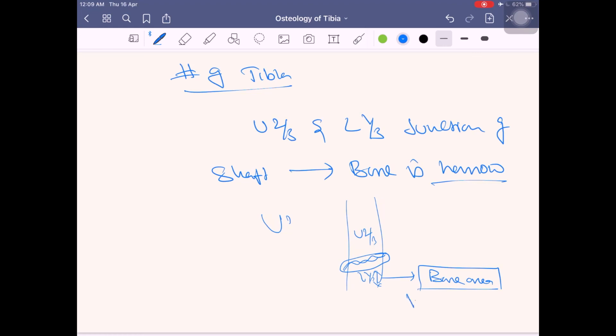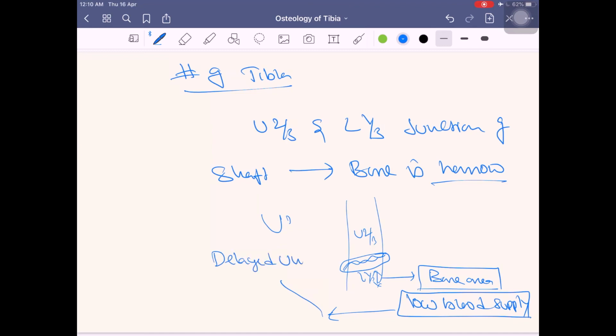Because of the low blood supply, fractures in this lower 1/3 are prone to late union. We call it delayed union of fracture, or sometimes it may not unite at all, which we call non-union of fractures.